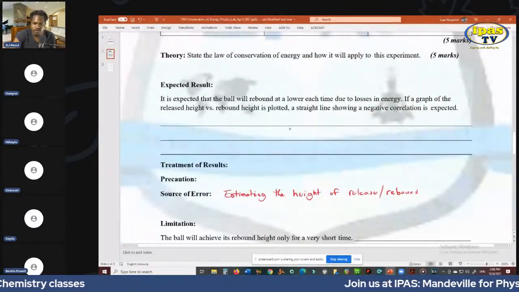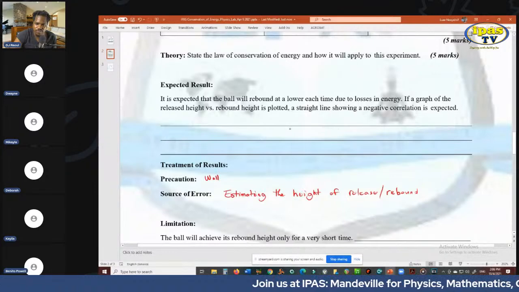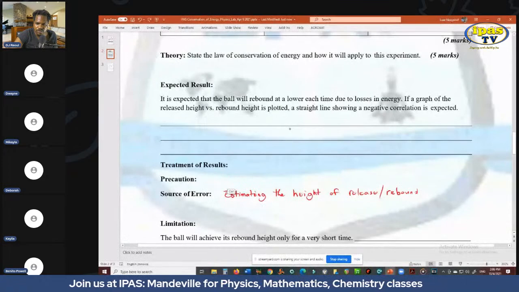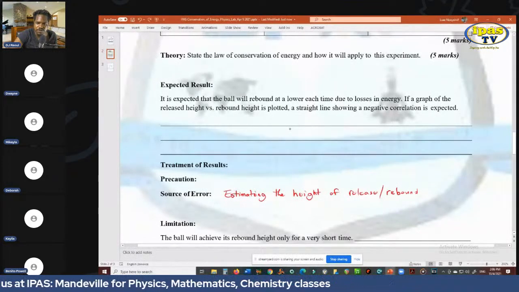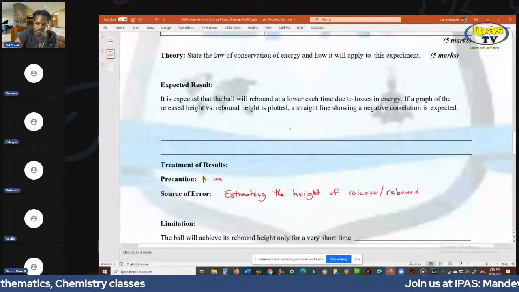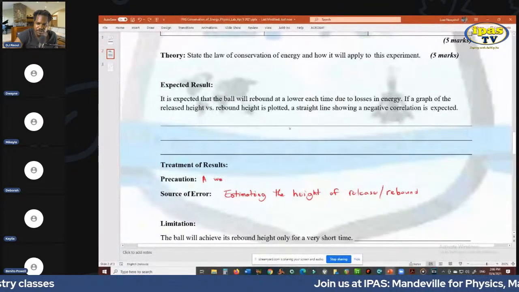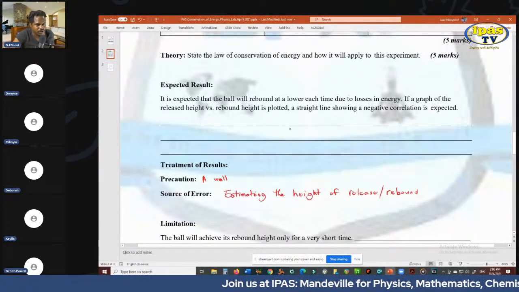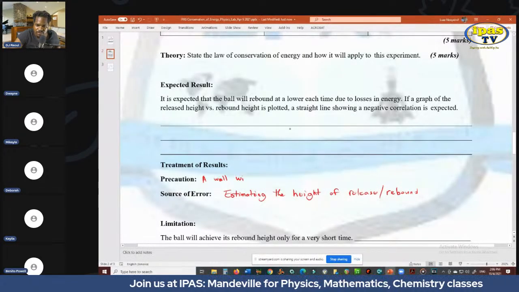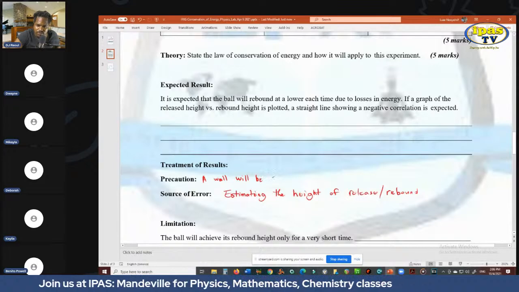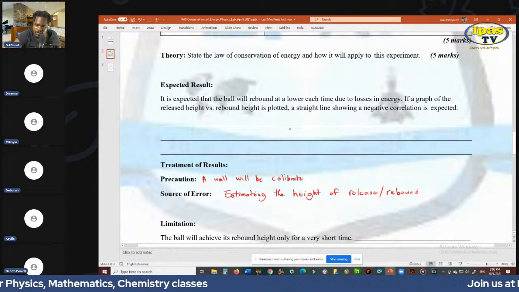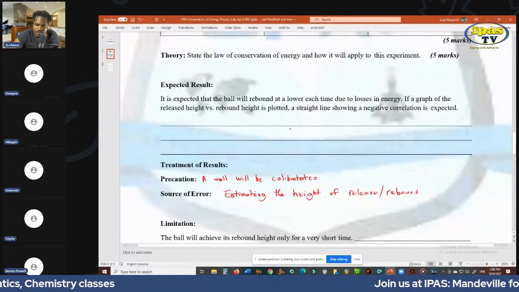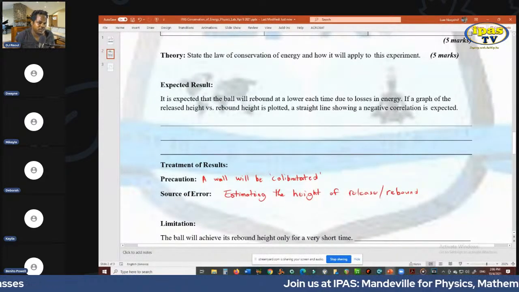Precaution, it would be that the wall will be calibrated. I'm going to use that word. If you didn't know what the word calibrate means, calibrated means like the wall, you're going to mark it off.